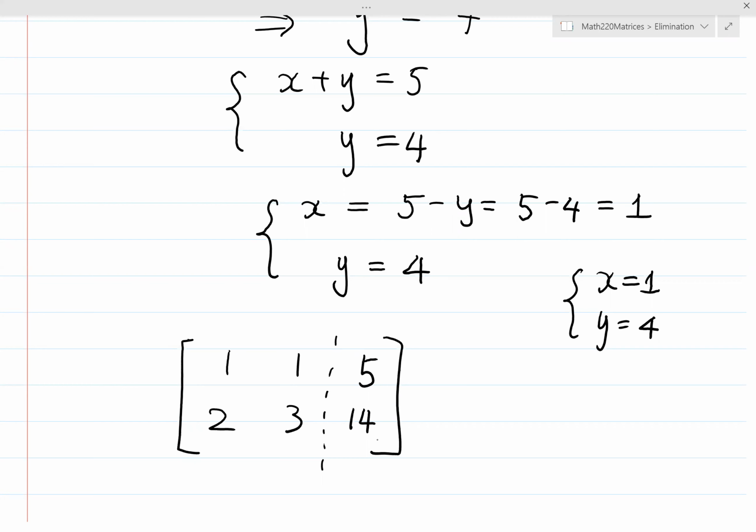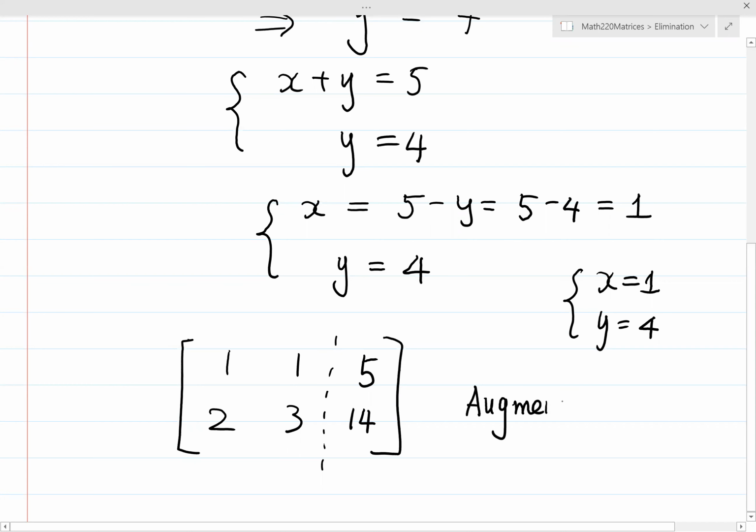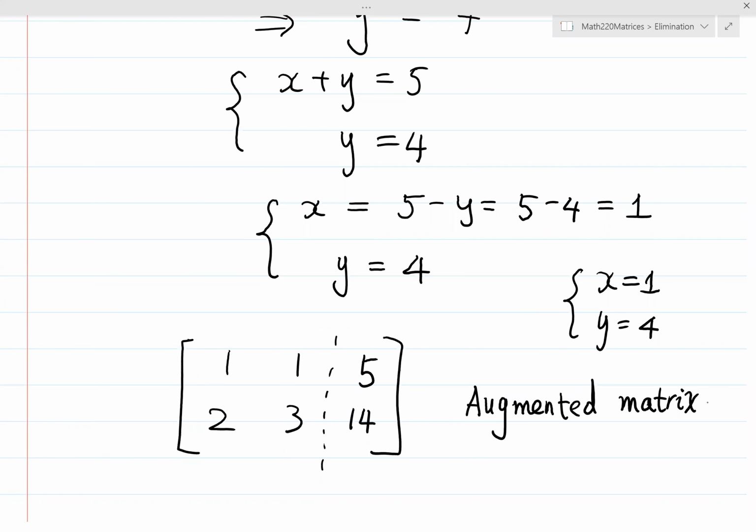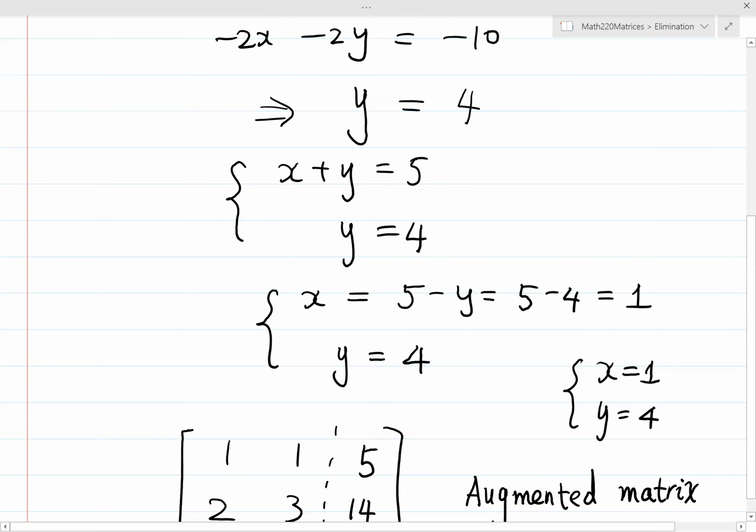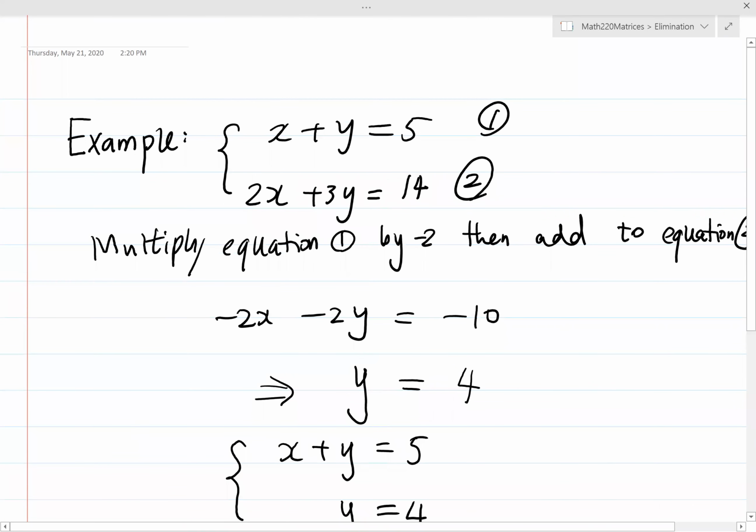Just changing the name does not change the problem. Now this is called an augmented matrix. Here we added another column, not just the coefficient matrix. We add another column which comes from the numbers on the right side.